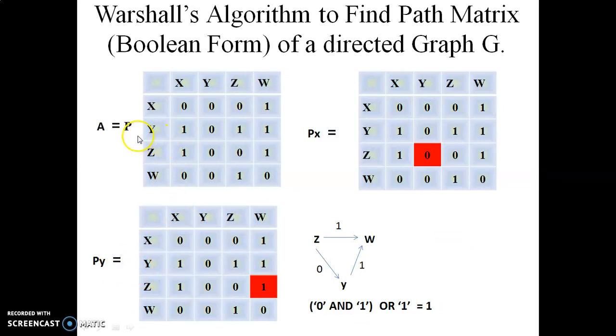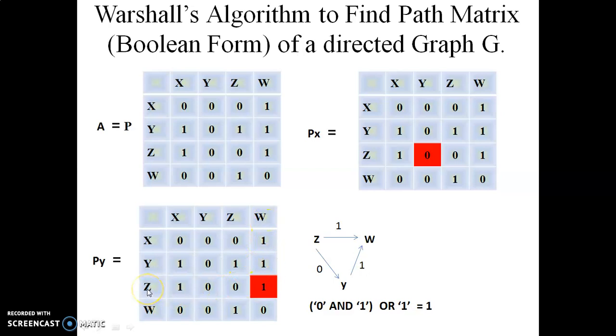Again for your understanding, I have written this path matrix and P of x. Again here you will see that the intermediate matrix P of y is obtained in the same way as I discussed earlier. Now just to make you understand in a better way, I have taken the value from z to w.